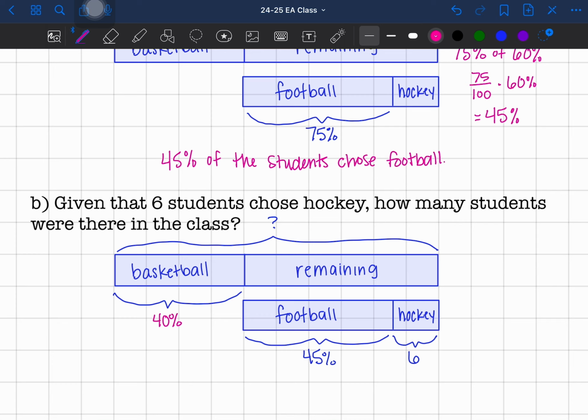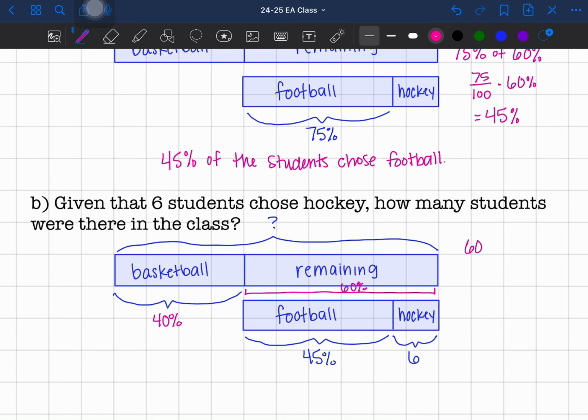We remember that the 60% here like football and hockey together. So if 45% is football, what is hockey?